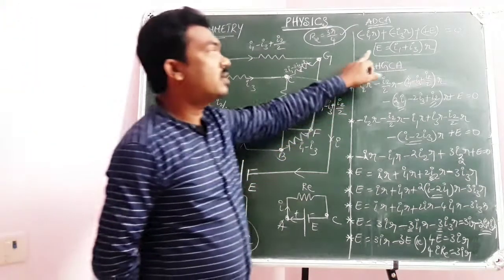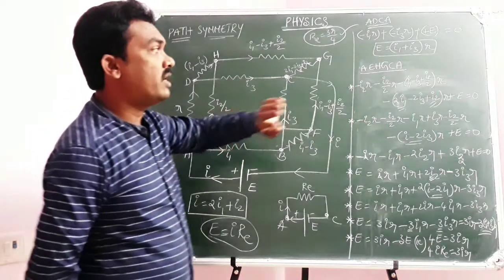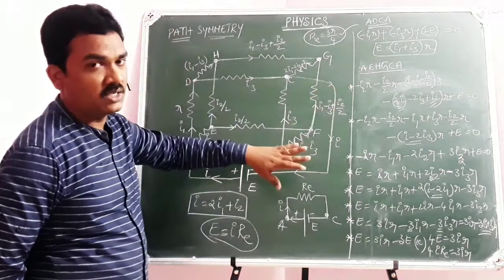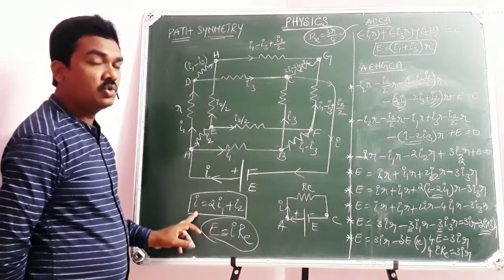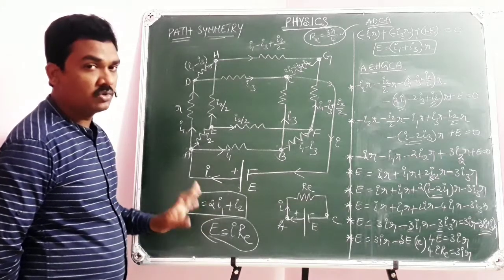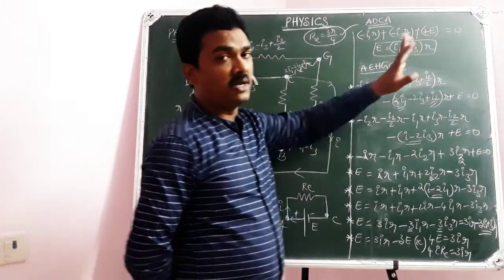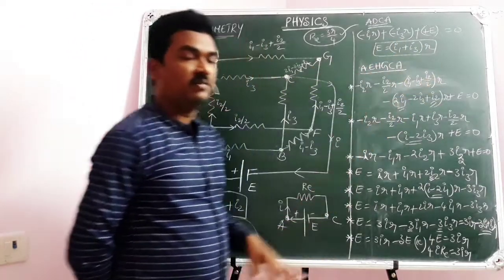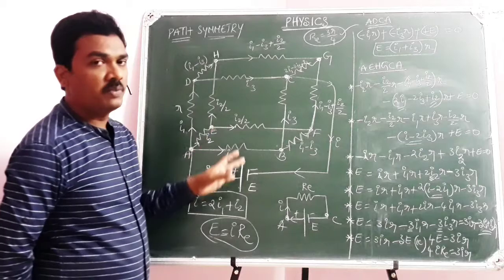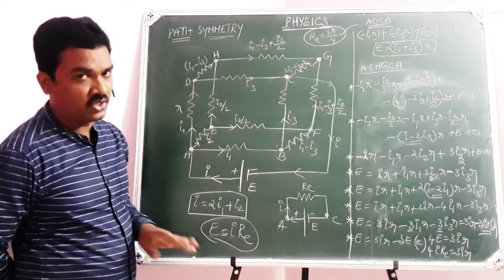But I know E is equal to I1 plus I3 into R. Whatever closed loop I am going to consider, I2 should be replaced with I minus 2I1. And the next, I1 and I3 will be replaced with E equal to I1 plus I3 into R. I repeat, whatever closed loop you take, your equation will be in terms of I1, I2, I3.